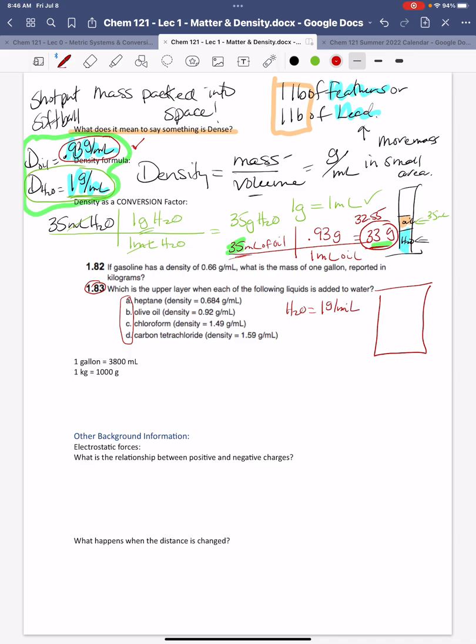So I hope the logic here is that as we put these substances into the water, by looking at the density, you can tell who's going to be on the top and who's going to be on the bottom, right? So let's color code these really quick. So let's say here's the carbon tetrachloride, and it has the highest density, so we would expect it to be on the bottom. So there's the carbon tet.